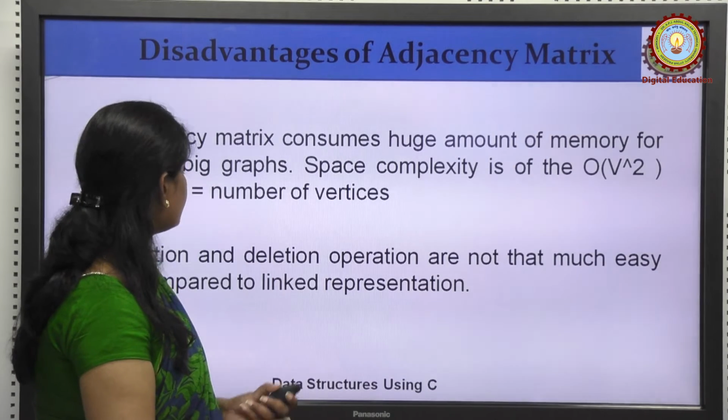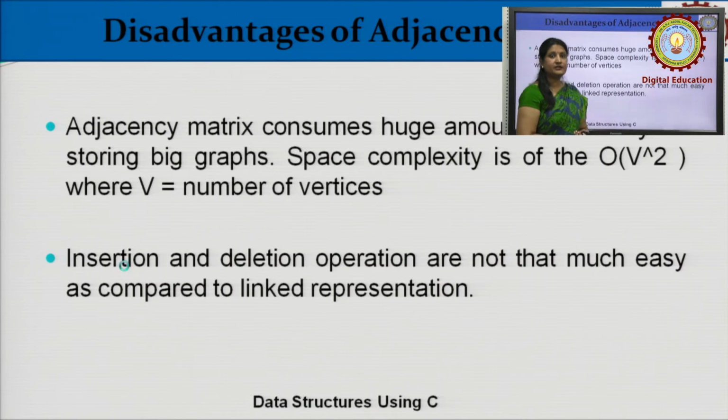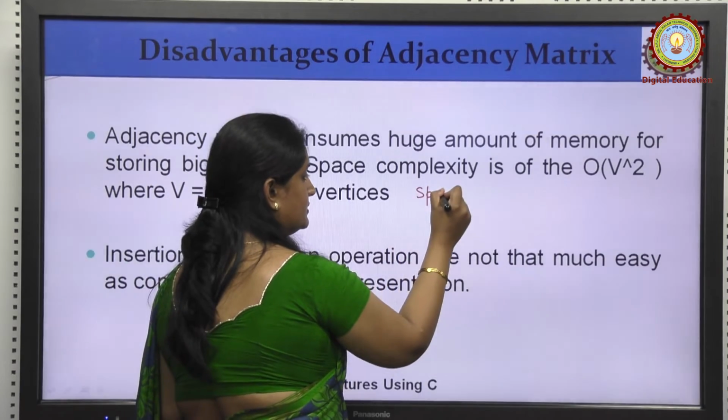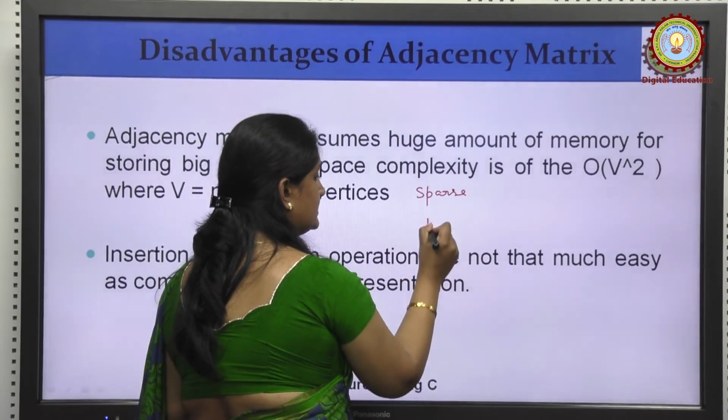Next, what are the disadvantages of adjacency matrix? Adjacency matrix consumes a huge amount of memory for storing a big graph. Actually, there are two categories of graph: sparse and dense.